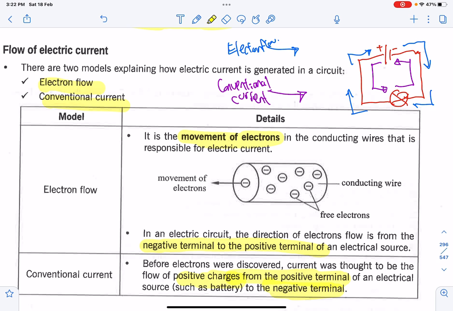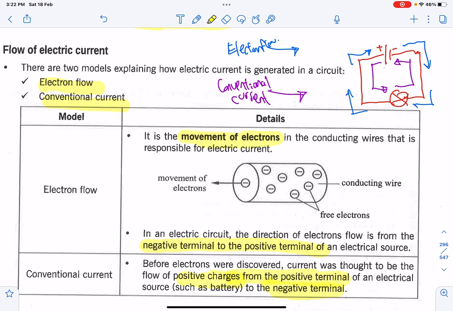Now there are two main things that you need to know, which is number one, the model explaining electron flow. The other one is conventional current. Both of them are moving in opposite directions. Okay, so the one in blue represents the electron flow in a circuit.